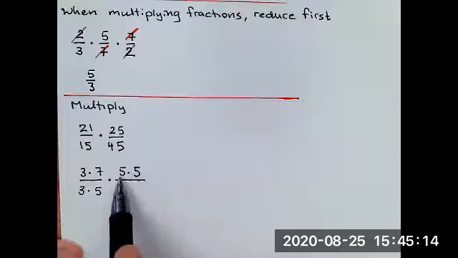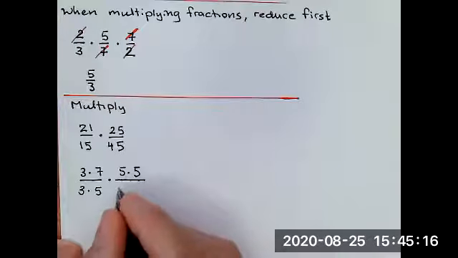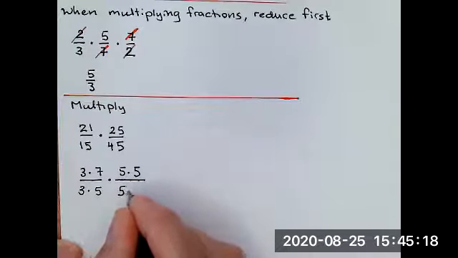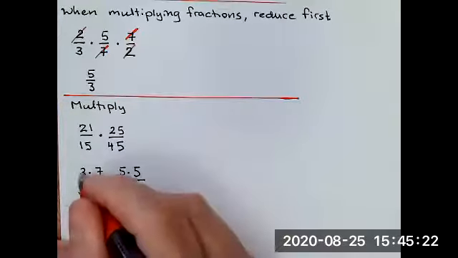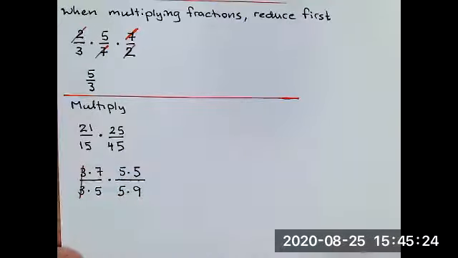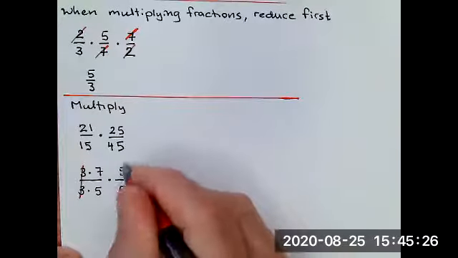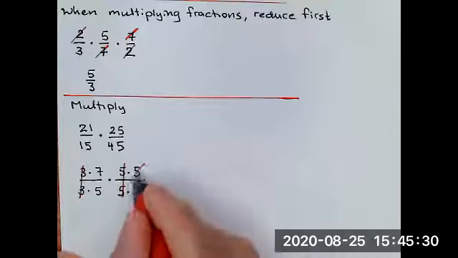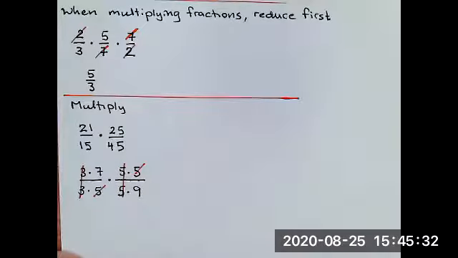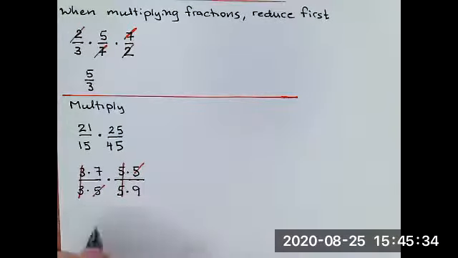And I'm looking at this 5 here, so I think I'll do the 5 times 9. So 3 over 3 is equal to 1. 5 over 5 is equal to 1. 5 over 5 is equal to 1. So the answer is 7 over 9.